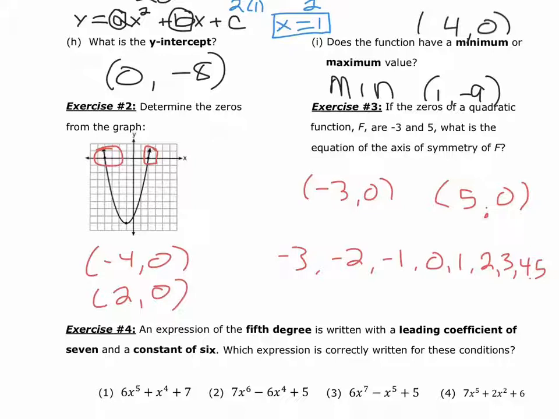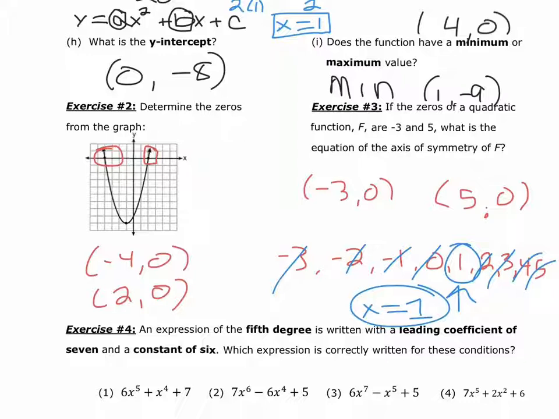And we're going to play the knock it off game. Knock it off, knock it off, knock it off, and it's the one right in the middle. So that means x equals 1 would be your answer.